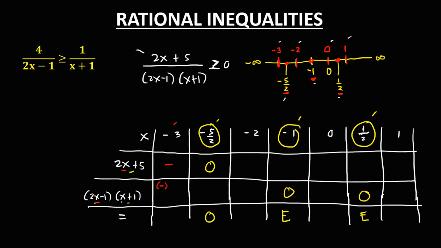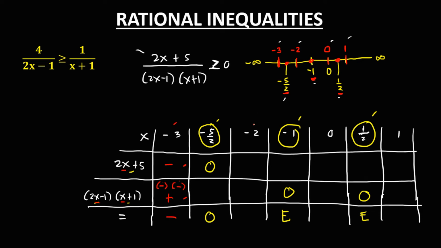Then from this equation, x is -3, so -3 plus 1, that's -2. So this one is negative. Then negative times negative, that's positive. Then for the result, negative divided by positive, not the same sign, the result is negative.